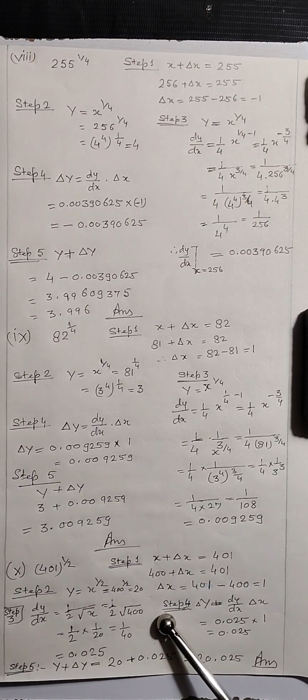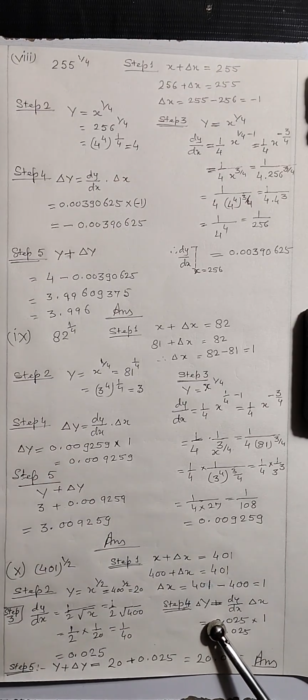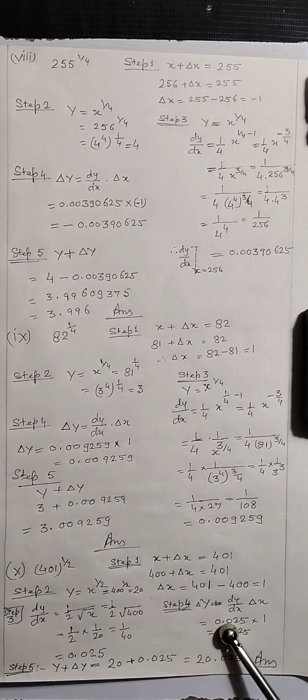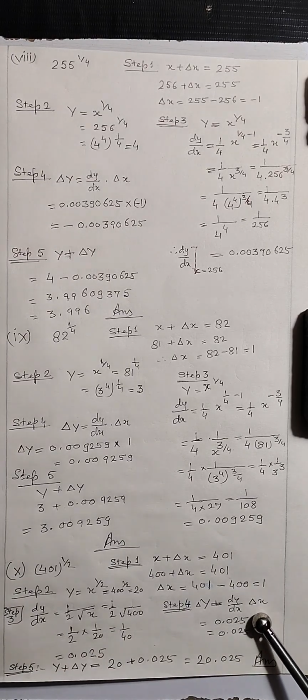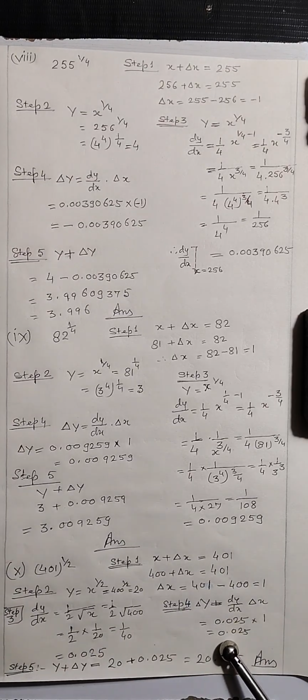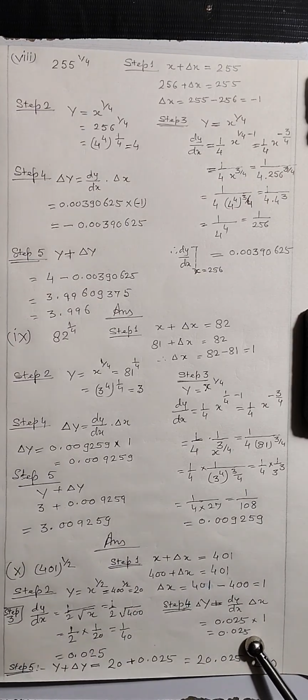Now proceed to step 4. So delta y is equal to dy by dx into delta x. So dy by dx is 0.025 into 1, and after multiplying again you will get 0.025.